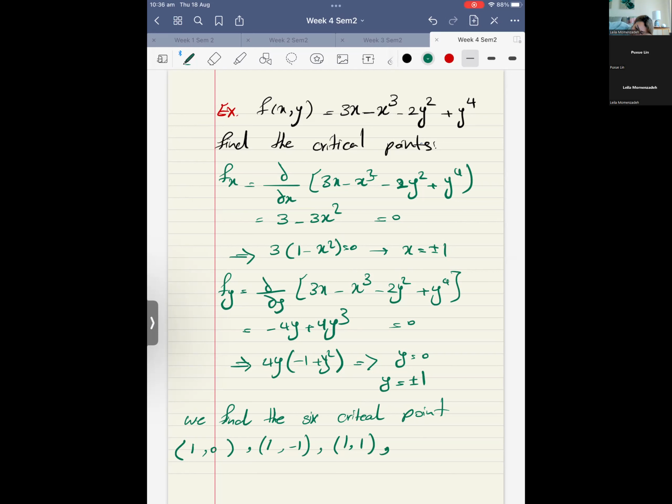Then you have x equal minus 1 with 0, minus 1 with minus 1, and minus 1 with 1. You have 6 critical points here.